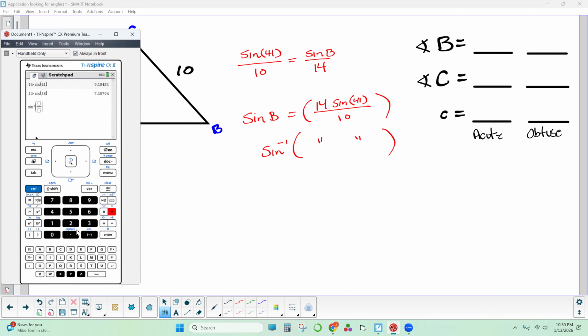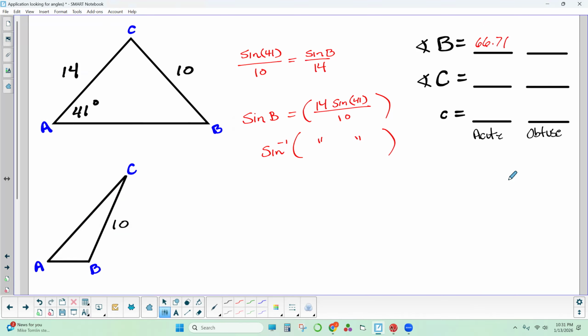Up top, 14 times sine of 41 degrees divided by 10, and I get 66.71. So angle B is 66.71. All right. Now, I can go ahead and write that over here, 66.71.